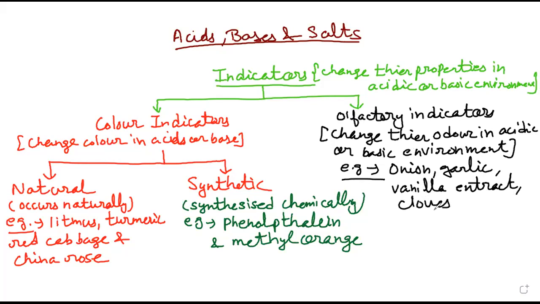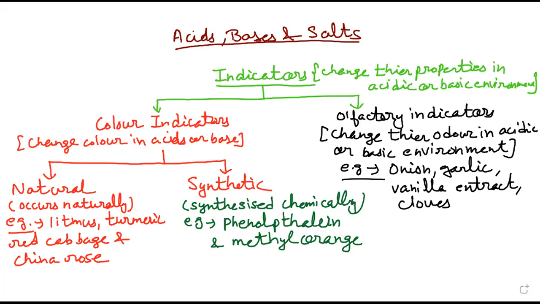So these are the olfactory indicators. These are very helpful for visually impaired persons because they can't check the color indicators, but they can smell the olfactory indicators when they are dipped in the acidic and basic solution. Okay, so that is for acid, bases and salt indicators.